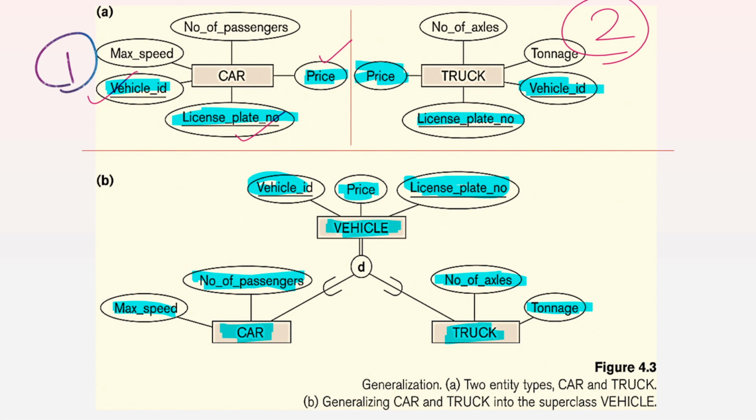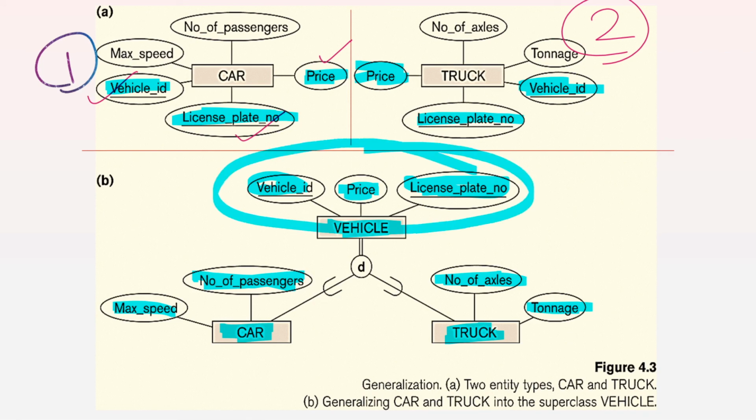All these subclasses must possess the attributes, the properties, of the superclass. Along with all the properties of the superclass, they can have their own specialized attributes. Here max speed and number of passengers are two additional attributes for the car entity, and these are two additional attributes for the truck entity.